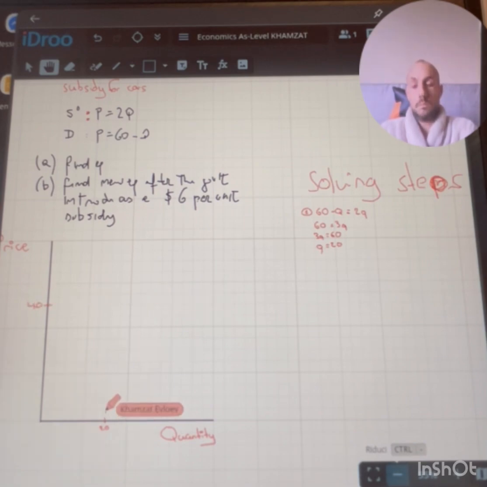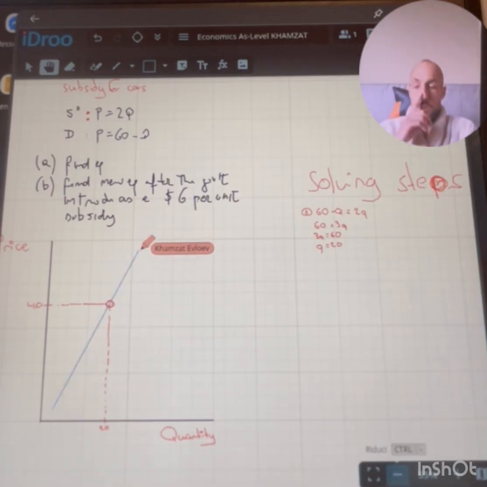So that will need somewhere like here. This supply would look like this. The demand is flatter. The demand would look like this.